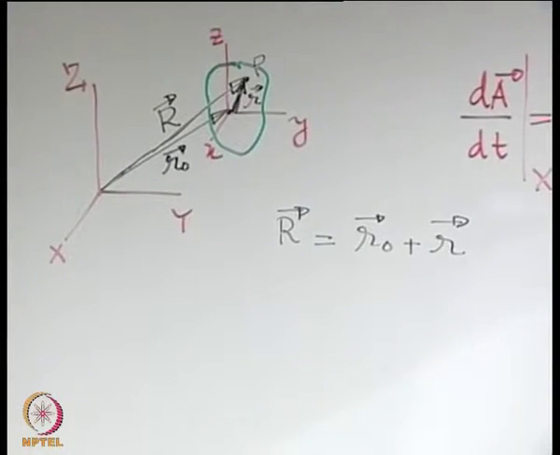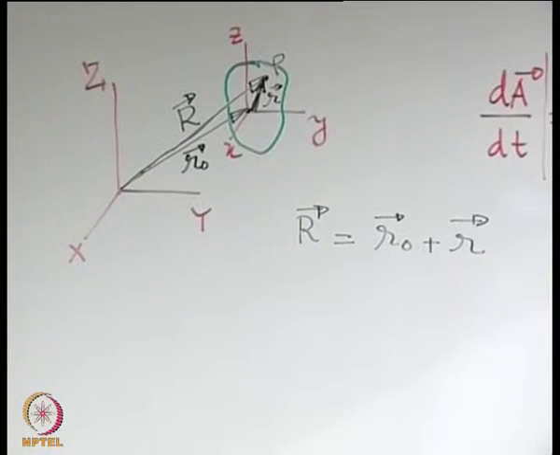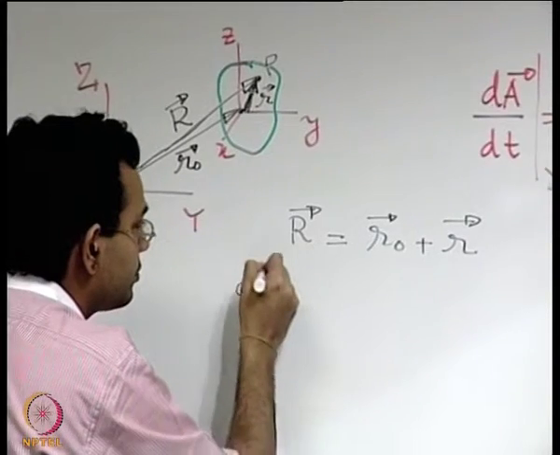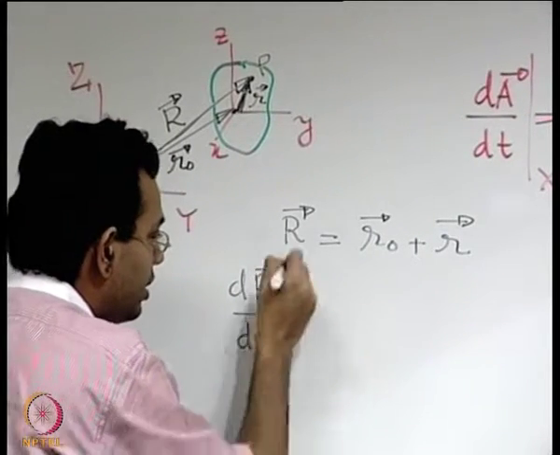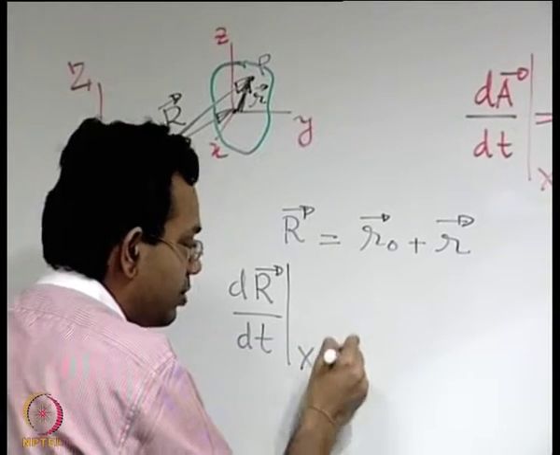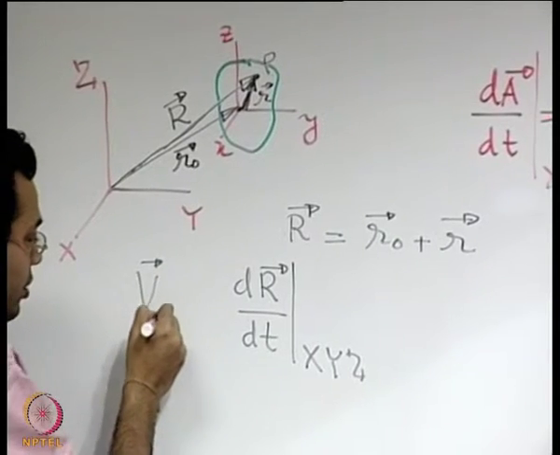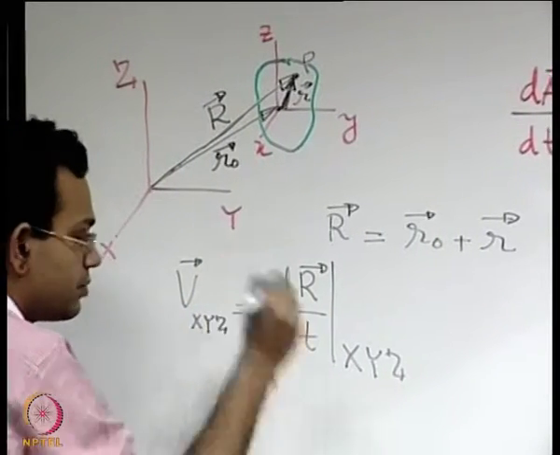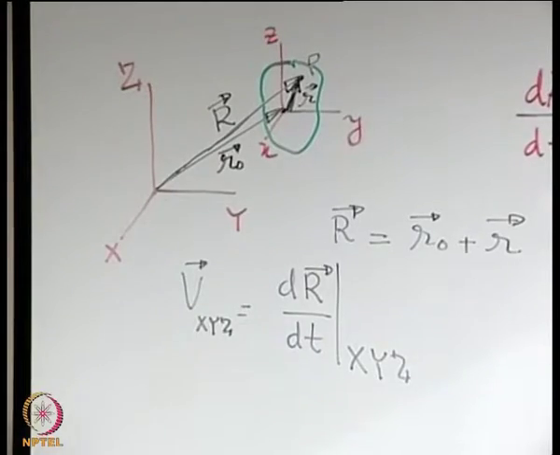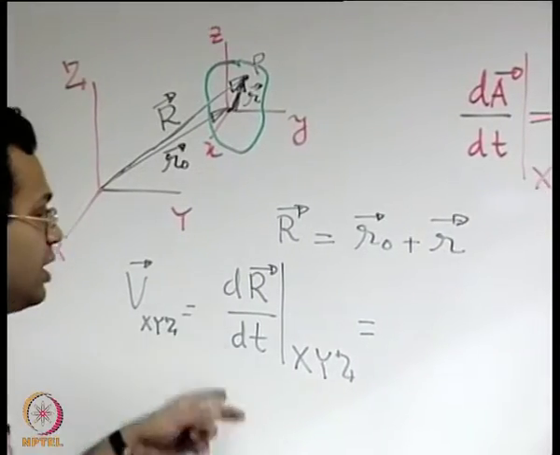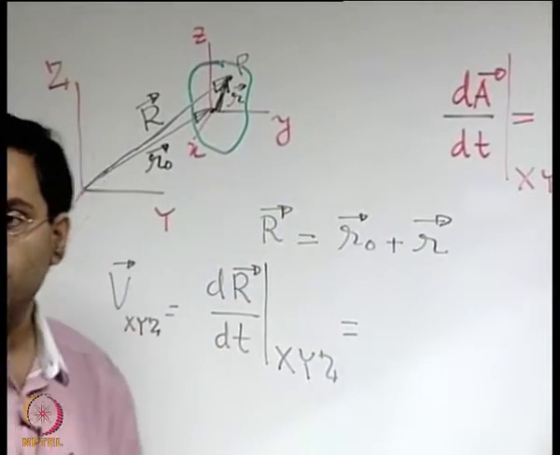Okay. Now, in the next step we will try to find out the velocity. So, the velocity of the point P in an absolute sense is dR/dt with respect to capital X Y Z. This is the velocity with respect to capital X Y Z. In shorthand notation, we may not always write d/dt, but write a dot on top to indicate that it is a time derivative.